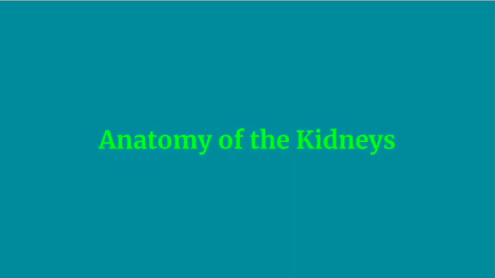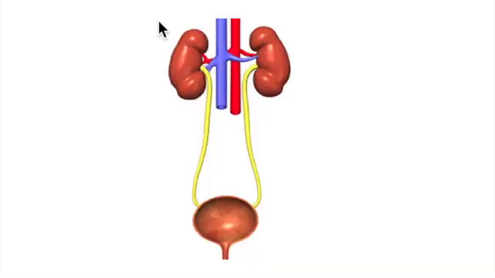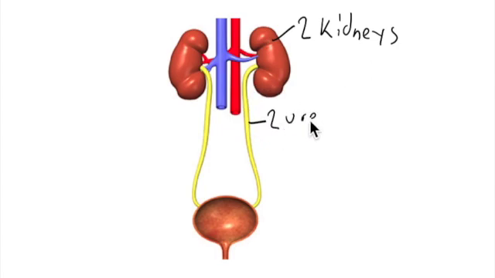So now let's talk about the anatomy of the kidneys. For the anatomy of the urinary system, we have 2 kidneys, 2 ureters, 1 bladder, and 1 urethra.